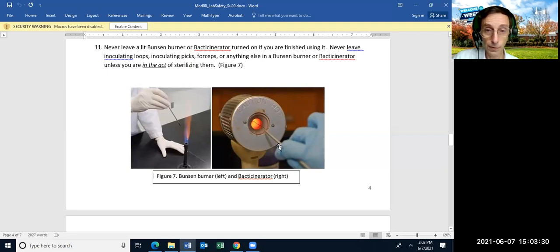What you do is stick the loop in there, get it red hot, bring it out, and allow it to cool. Then that loop is sterile before you use it to pick up the bacteria.